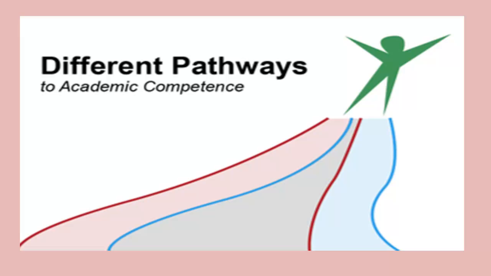We can also think of multiple pathways as representing the kinds of groups in multilingual settings. The red road is first language groups. The blue road represents second language groups. The overlapping part in the middle symbolizes heterogeneous or integrated groups, where students from different language backgrounds and proficiencies come together to do the work of school.